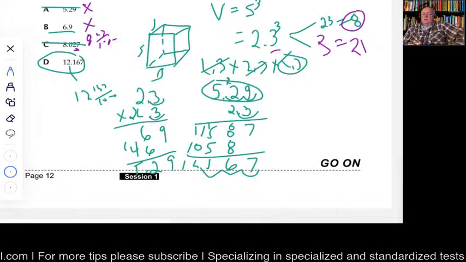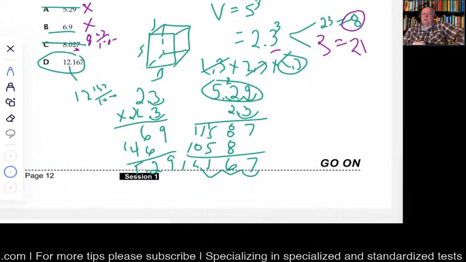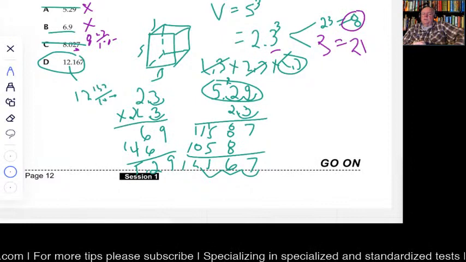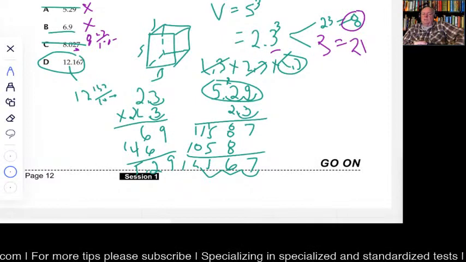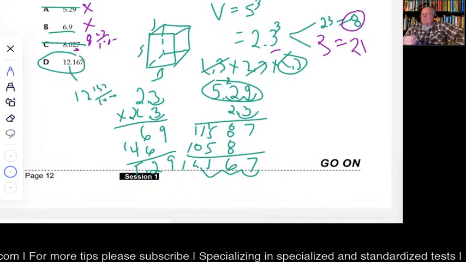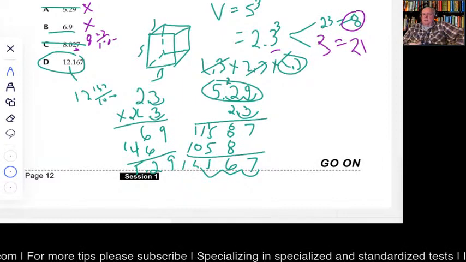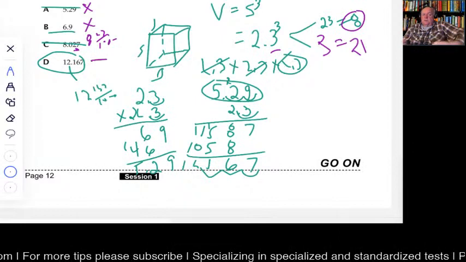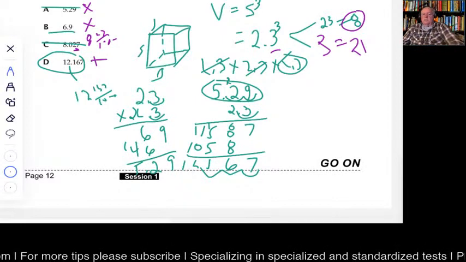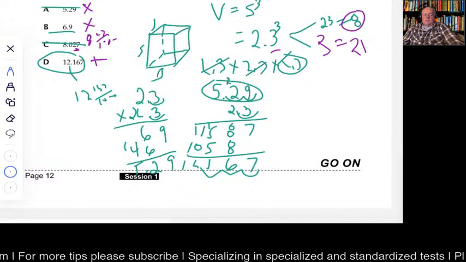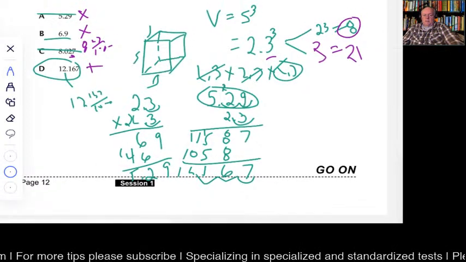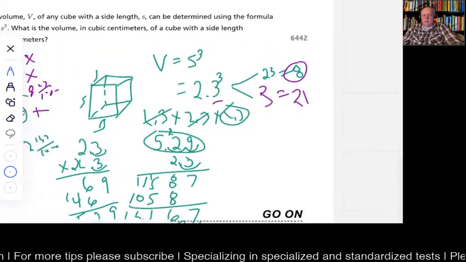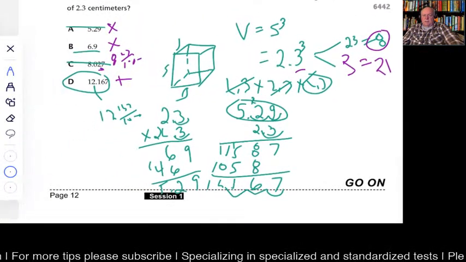So if 2 to the third is 8, then how could 2.3 to the third possibly be 8 with a little tiny number after it? It's got to be bigger than that, okay? And in fact, when we actually compute it, we realize it's a lot bigger. It's 12, right? It's 50% bigger still, or larger, okay? And we have finally the last problem. Hooray!